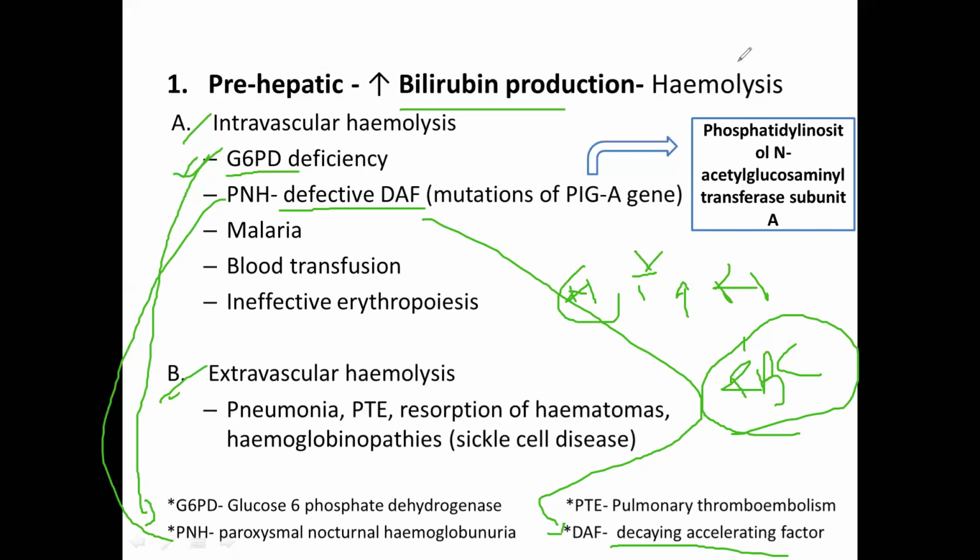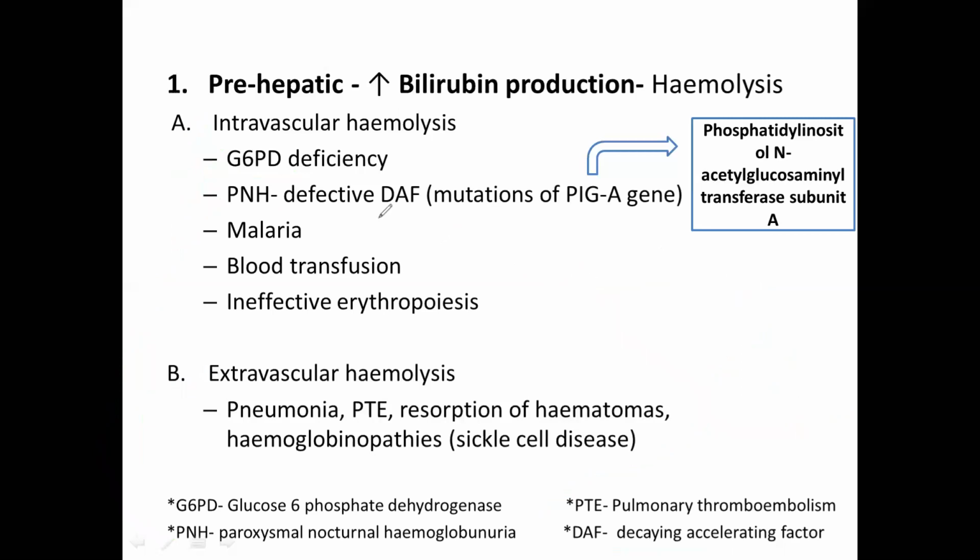Normally, if there is an immunological response against RBCs, it is controlled by this DAF; this factor prevents the immunological response against RBCs. So it is a protective factor.